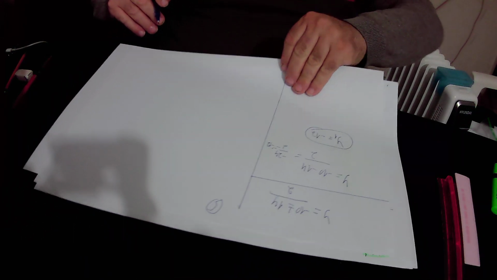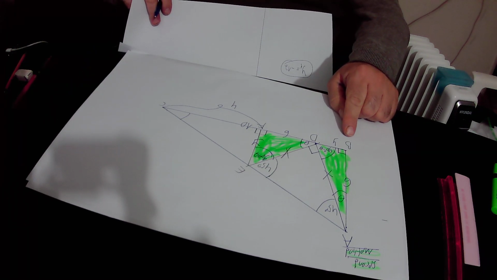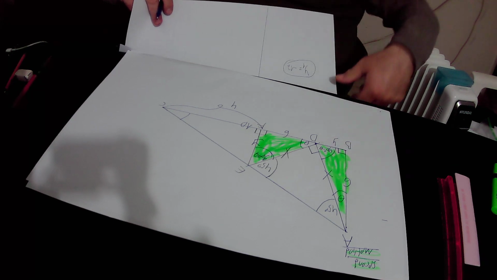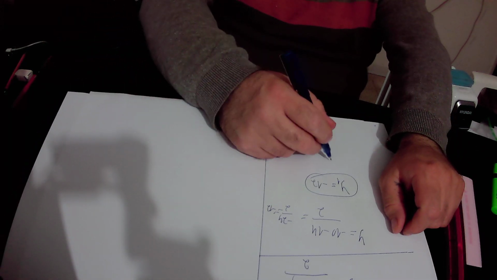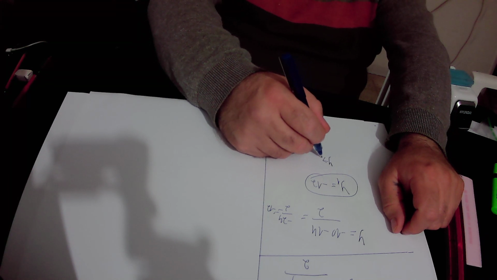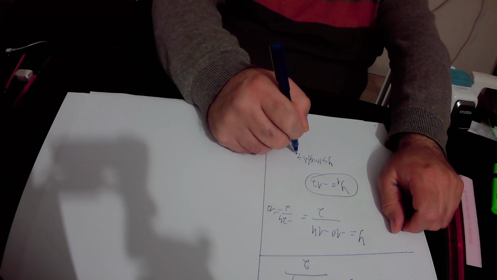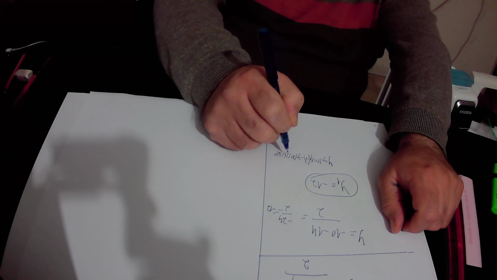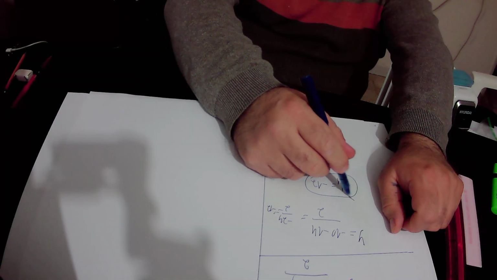But here you can see in the drawing that y is side BD of the right triangle ABD. So y is a length, and therefore it must be a positive number. Therefore, y equals minus 12 is an incorrect answer.